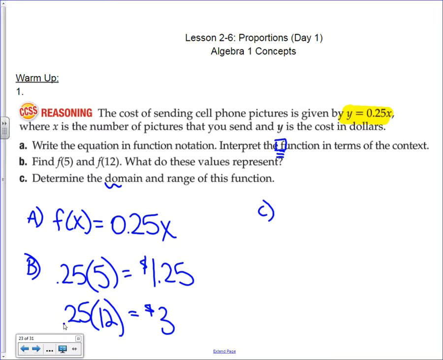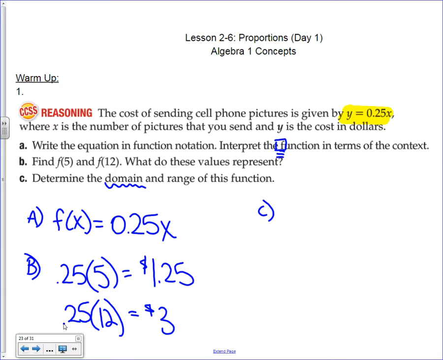Guys, what is domain? Yep, it's the horizontal one. What's horizontal? Yeah, what is that axis called? It's the x-axis. Guys, domain are the x's, correct? What is x representing in this problem? The number of pictures, right? Tell me about numbers that I can plug in for number of pictures.